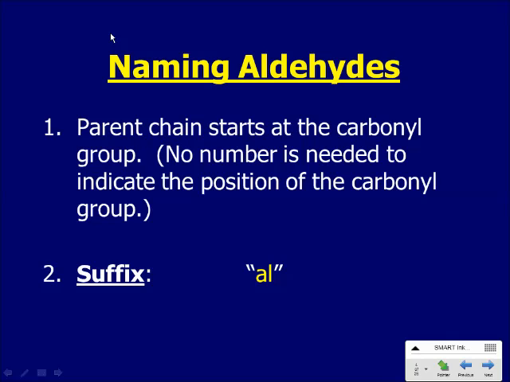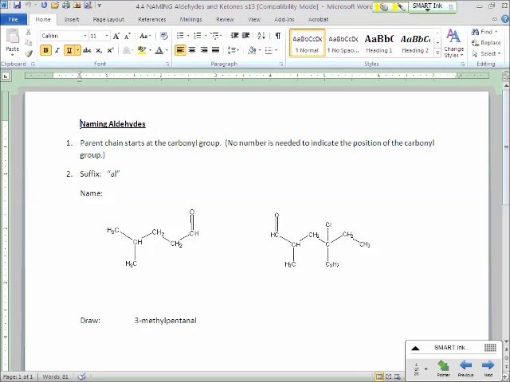Aldehydes are easy to name because they're related to alcohols. We don't need anything fancy like we had with the ethers, like some methoxy or something crazy like that. So the carbonyl group has to be in the chain, and because it's on the end, it always starts the chain.